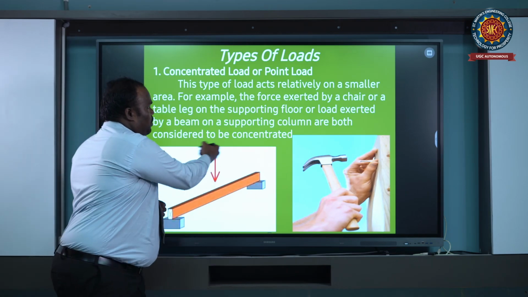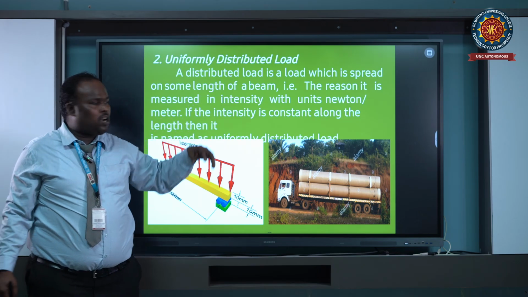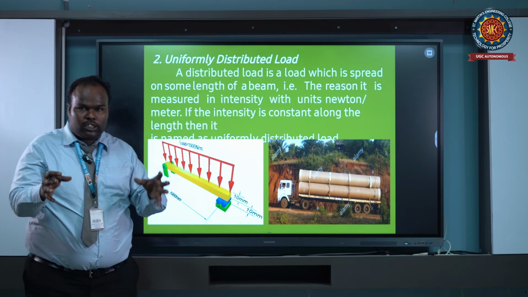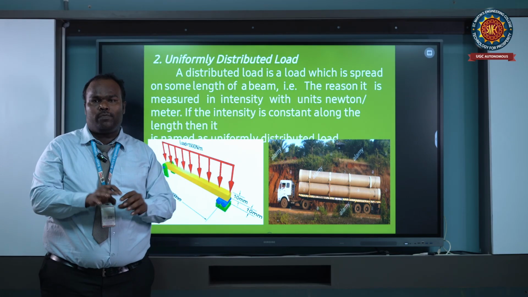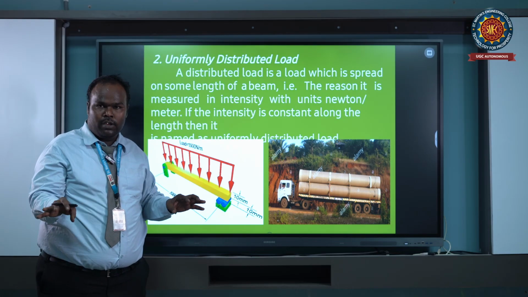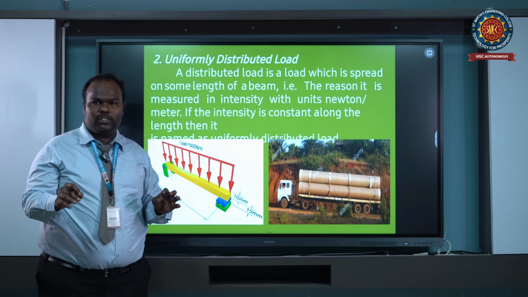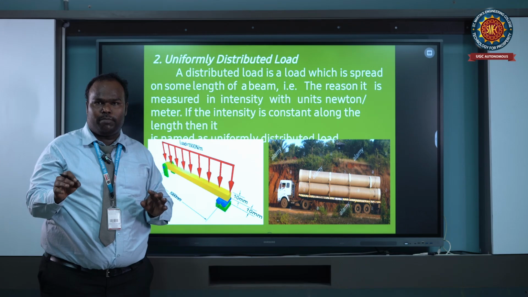And next one, uniformly distributed load, like a petrol tank vehicle. Here the load is distributed uniformly throughout the length of the beam. The units for UDL are Newton per meter or kilonewton per meter.